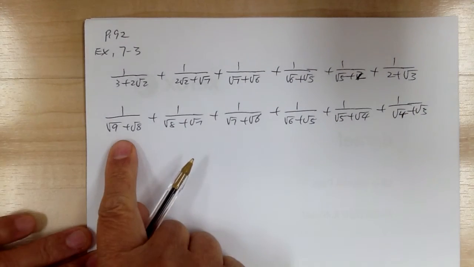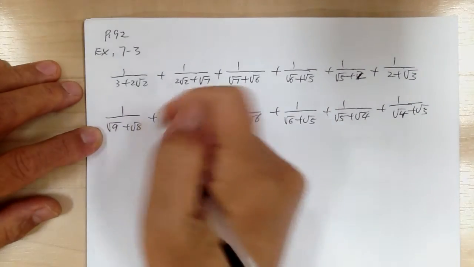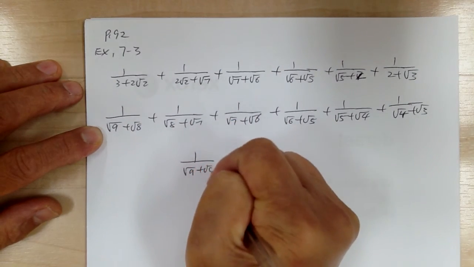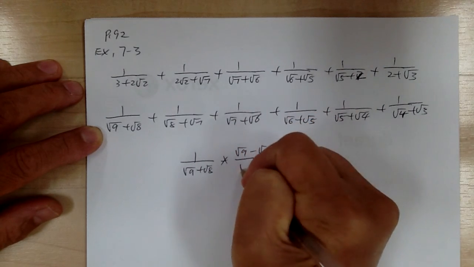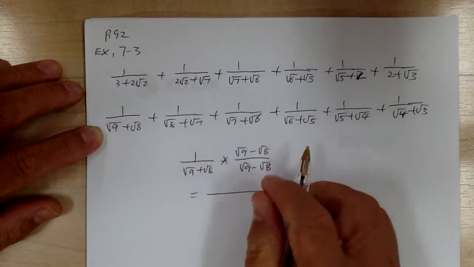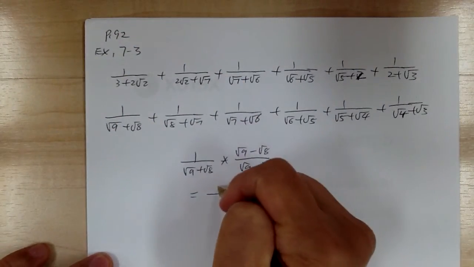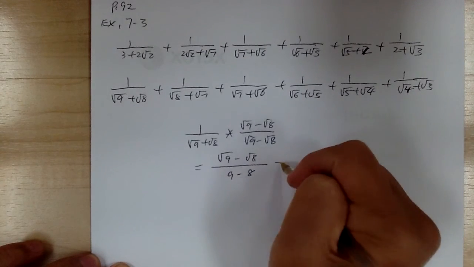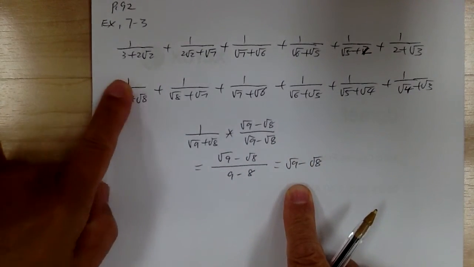Okay, then you're going to evaluate each one individually. So you're going to get 1 over (square root of 9 plus square root of 8) multiplied by the conjugate. Okay, and it's going to give you 9 minus 8 on the bottom, and on the top you're going to get square root of 9 minus square root of 8. So again, multiply by the conjugate.